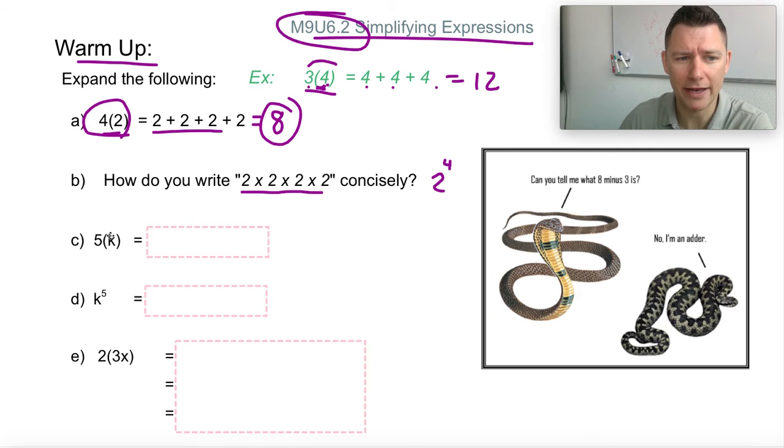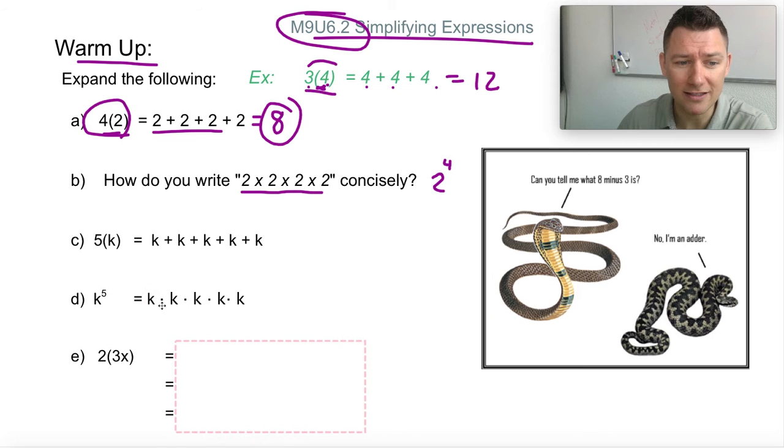I know they're added because it's a multiplication, which seems odd, but this is the shorthand for writing k plus k plus k plus k 5 times. I have k's added together, 5 of them. This is the same sort of thing, where they're just being multiplied. And so the only difference is the nomenclature tells you if you're using addition or subtraction or multiplication or division.